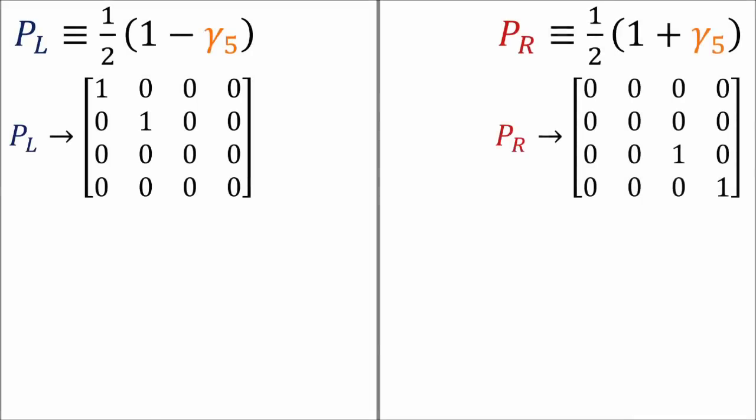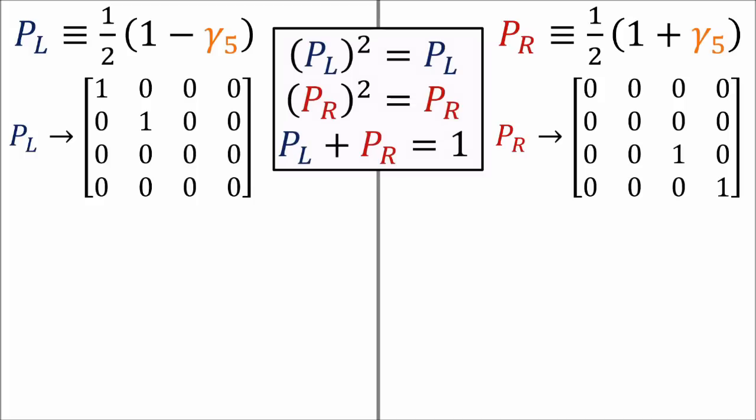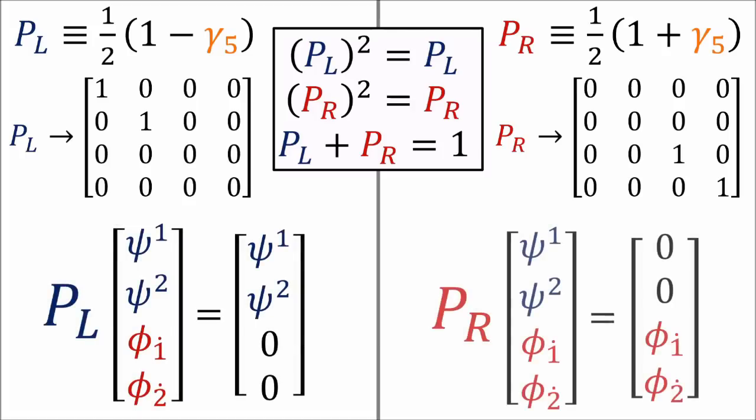We can also use gamma 5 to define the left and right projectors PL and PR. These projectors square to themselves and add to 1. They can project out the left and right components of a Dirac spinor, which can then be added together again to give the original Dirac spinor.